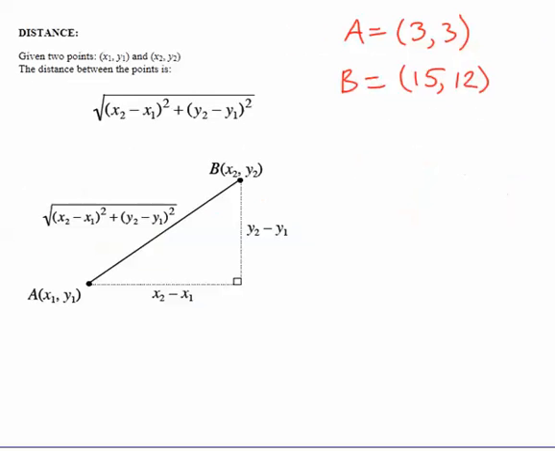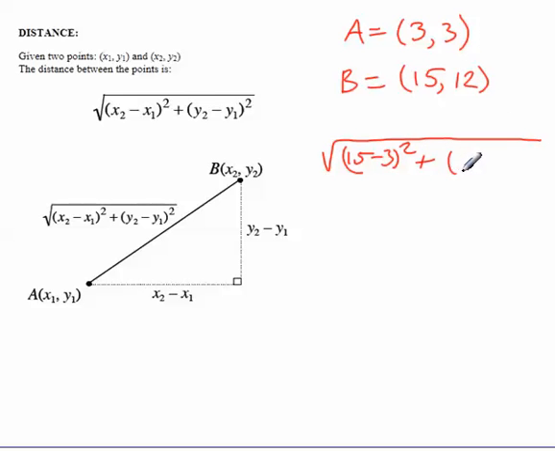Okay, the last one, distance formula. This is basically doing the Pythagorean theorem, because here's A and B. That's the hypotenuse of a right triangle where this is the x length side and this is the y length side, so it's very similar. To apply this, we're going to find the square root of the difference between our x's, 15 minus 3, squared, added to the difference between our y's.